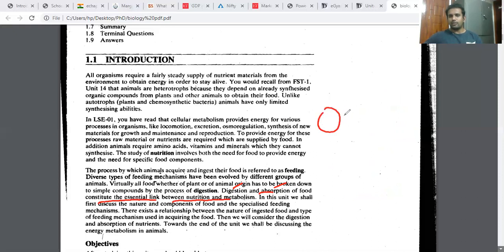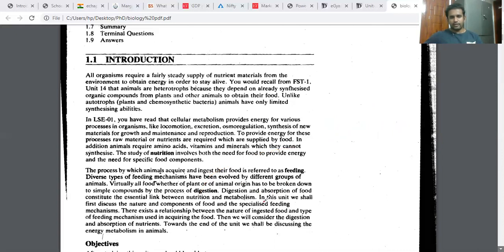Metabolism, as I have told, is the conversion of a complex substance into smaller ones. Whatever food mixture we take will be converted into simpler substances of various nutrients like carbohydrates and proteins. And then comes the picture of what is called nutrition.